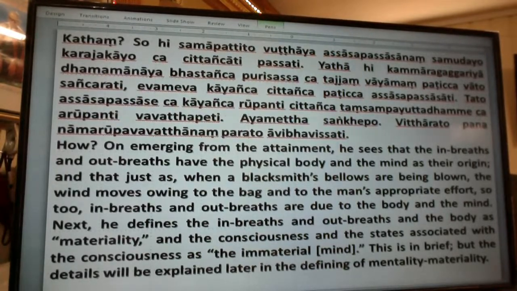So that one is studying how, kata. The Pali kata, how. So he explains in more detail.